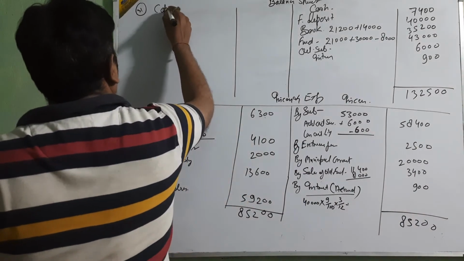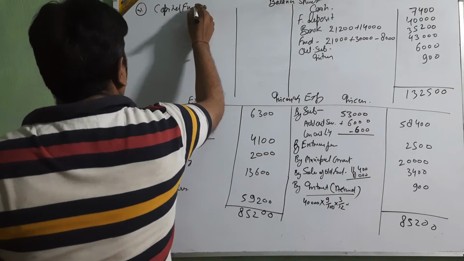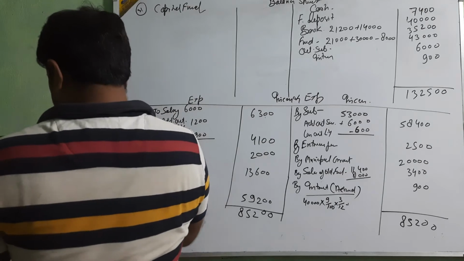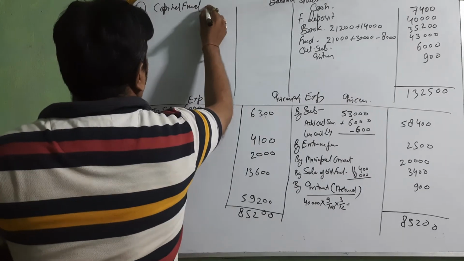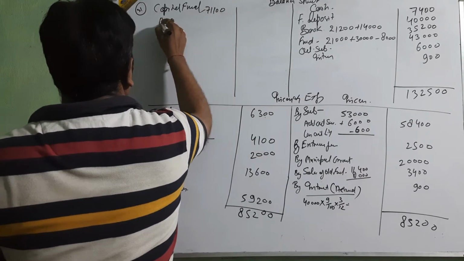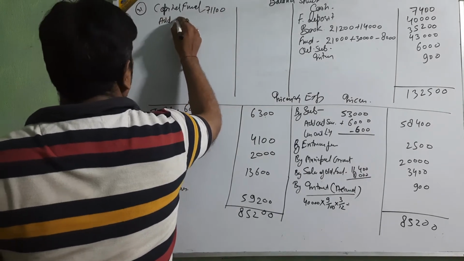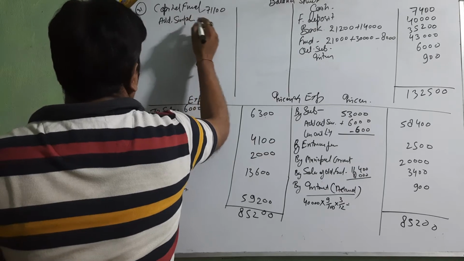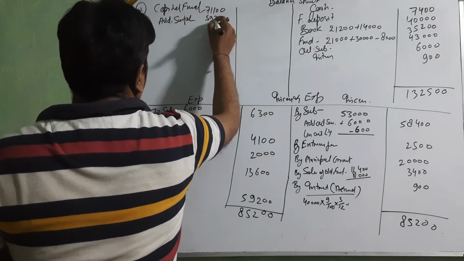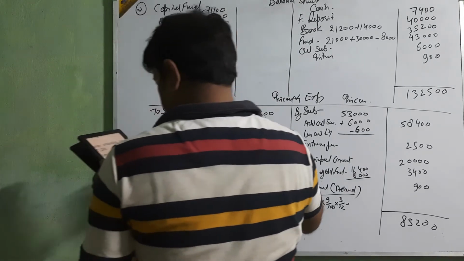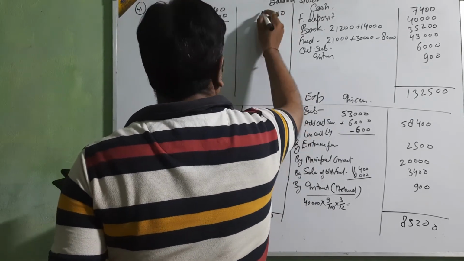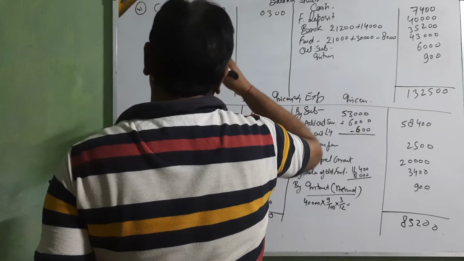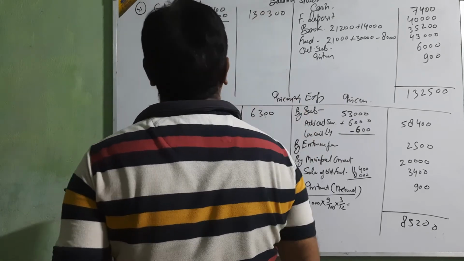Then capital fund is 71,100 and surplus 59,200. Then 0, 0, 3, 0, 1 remain, 30.